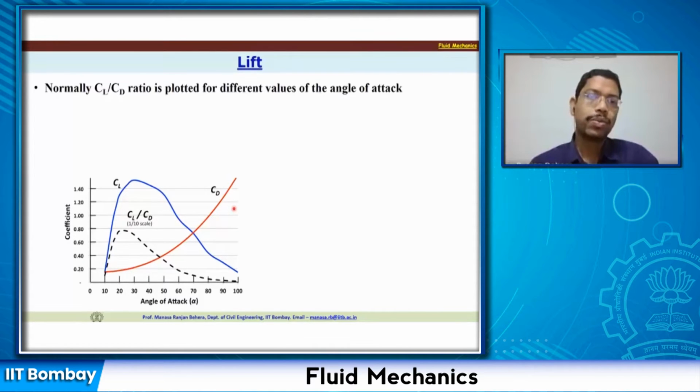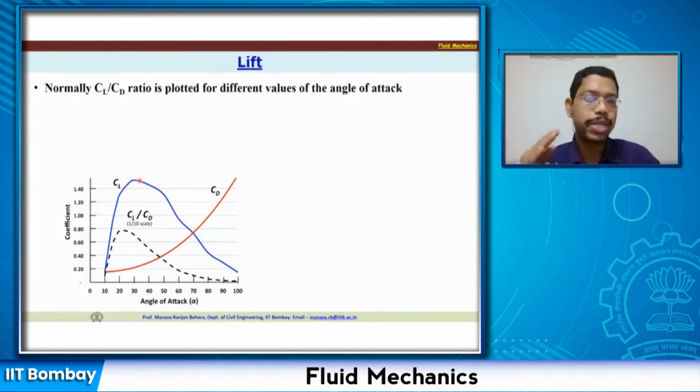So we have the lift force, and from that lift force we could calculate the lift coefficient, which we saw increases with angle of attack, but only up to a certain point. After that, if you increase the angle of attack, the lift coefficient is going to decrease.